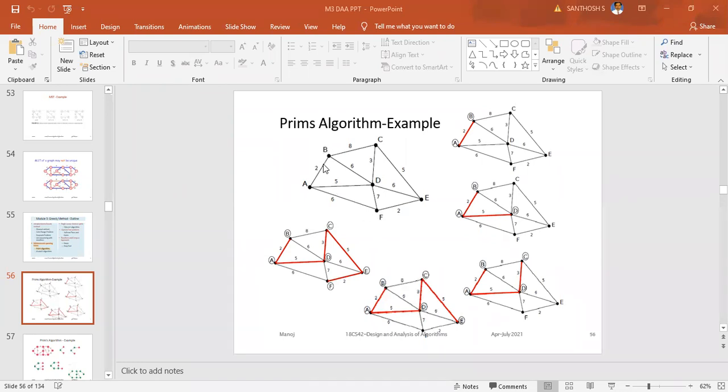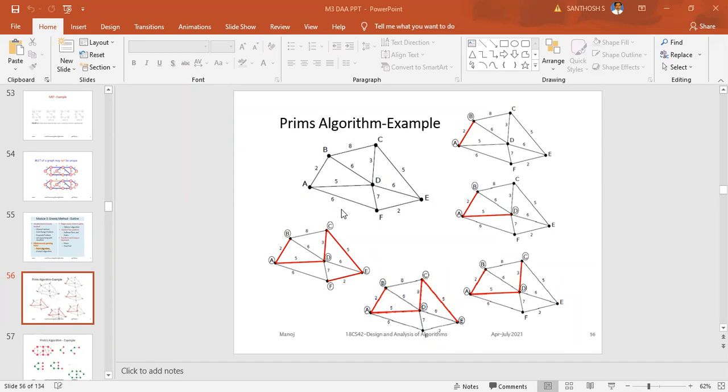Here you see from A. What is the minimum weight you are having from edge A? Answer it here. From A to B is 2, A to D is 5, A to F is 6.